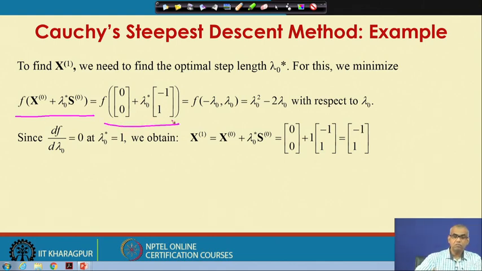Put x 0 equal to 0 0, and s 0 is minus 1 1. So, this becomes minus lambda 0, lambda 0.